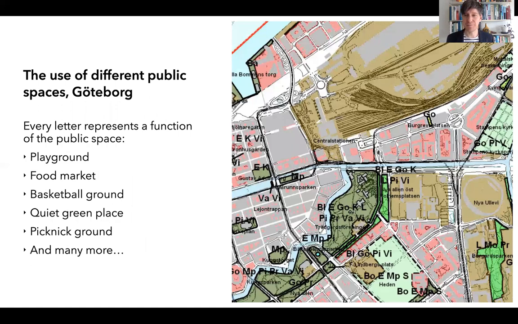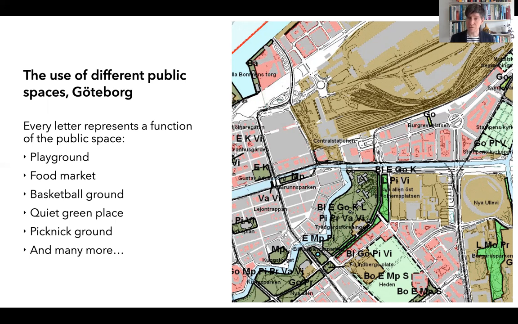This is a different example from Göteborg, the second city of Sweden. In this case, all the public spaces have gotten a letter to represent the function that exists in that space. So there's a letter for playground, there's one letter for food market, for basketball grounds, for just a quiet green place where you can sit in the sun or read a book.